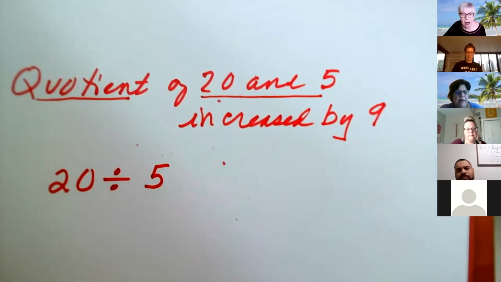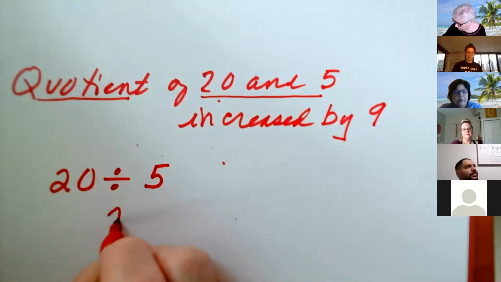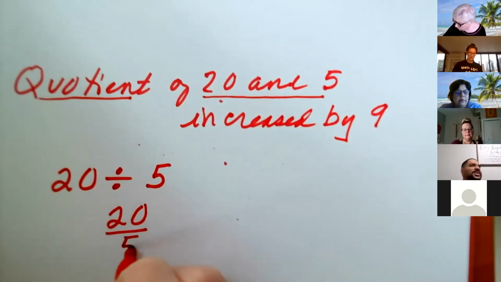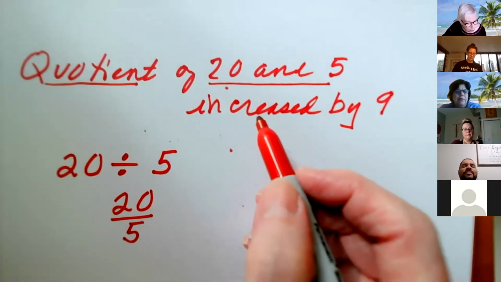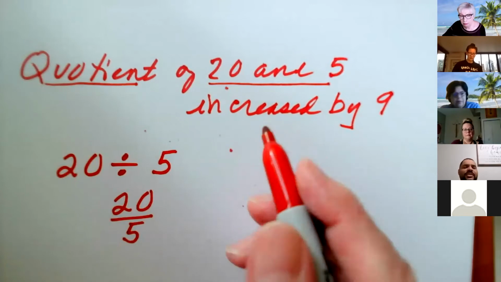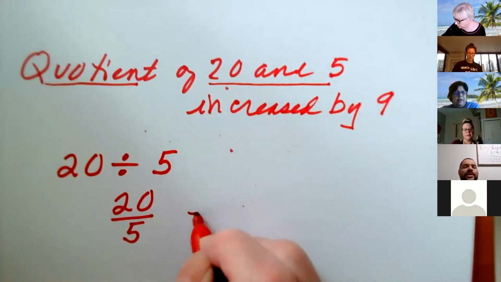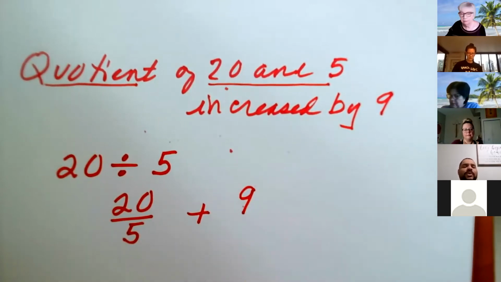You could make it a fraction or you could do it like that. Either way, because it's the same thing. The word increased, I think we had it earlier, means addition. I kind of like the second way better now that I think about it.